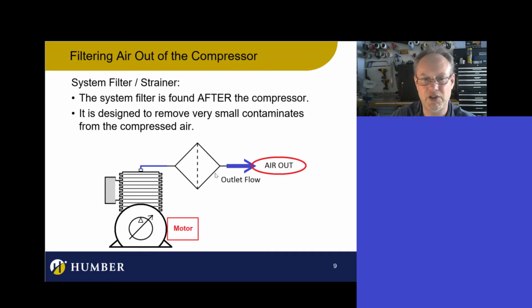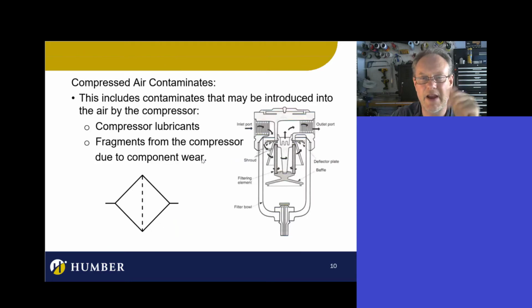So this is what's going on. Essentially it's the air coming out. Now we've got a couple of different kinds of these strainers. Actually, there are lots of them, but there are some basic kinds. Let's take a look at this. So it kind of looks like this. The air comes in here and then it goes through here, and it's actually forced to go through all of this stuff here.